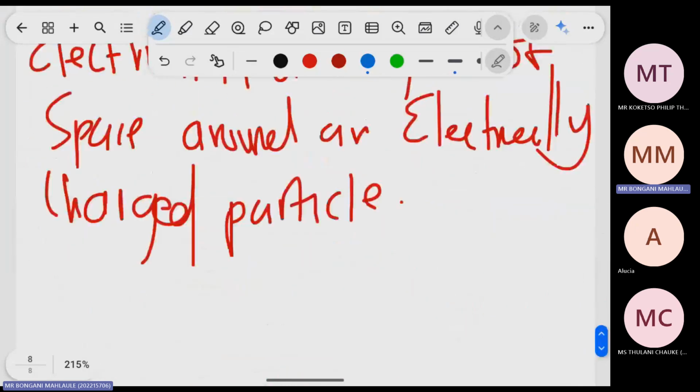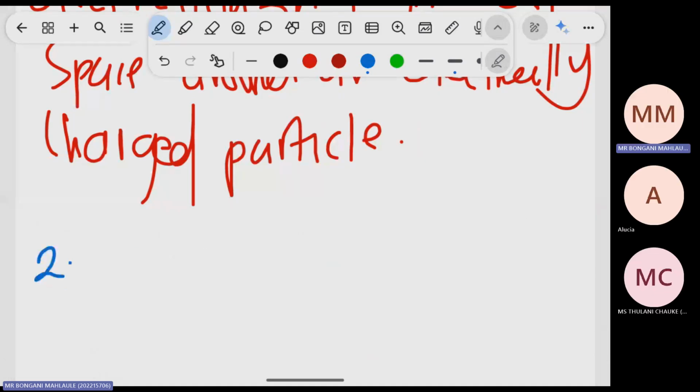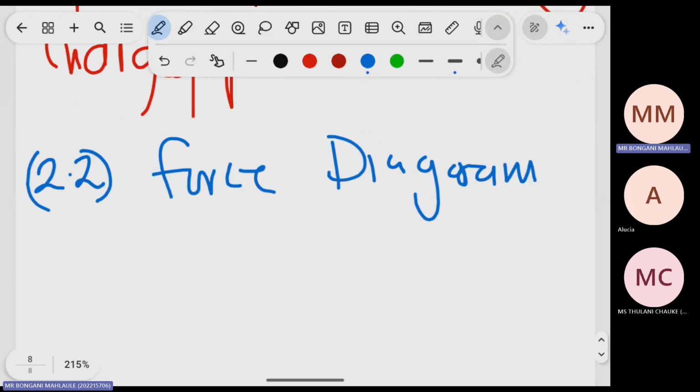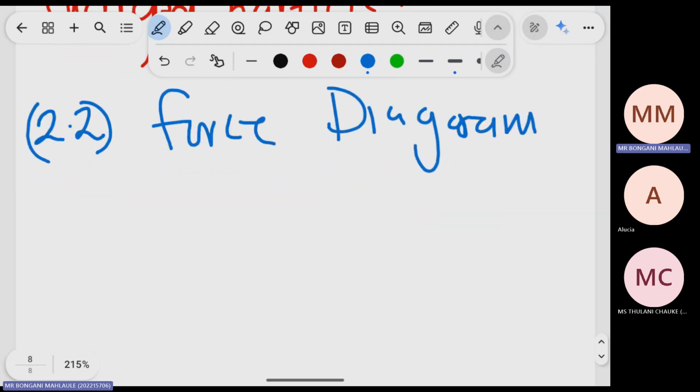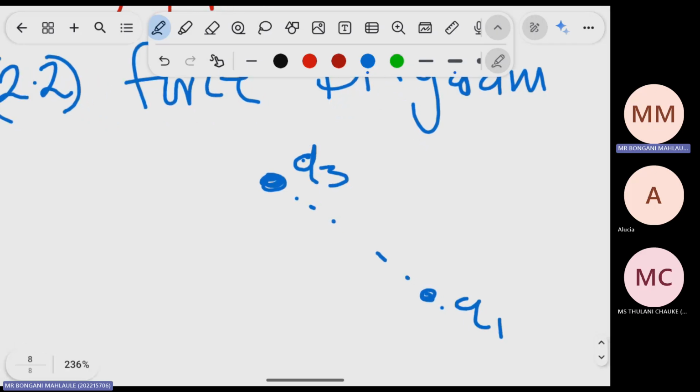So let me try drawing. 2.2, the first diagram, the x component. Okay, this is what we are having there. This is Q3, Q1. They have the same charges.